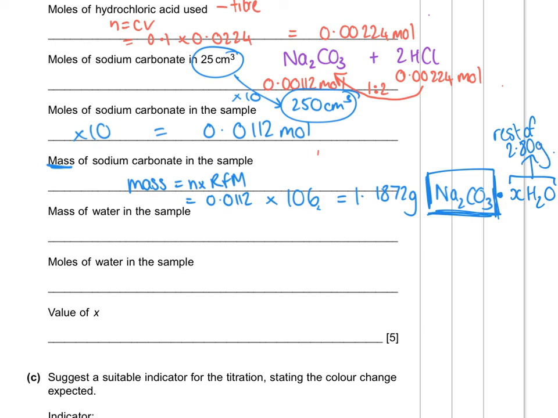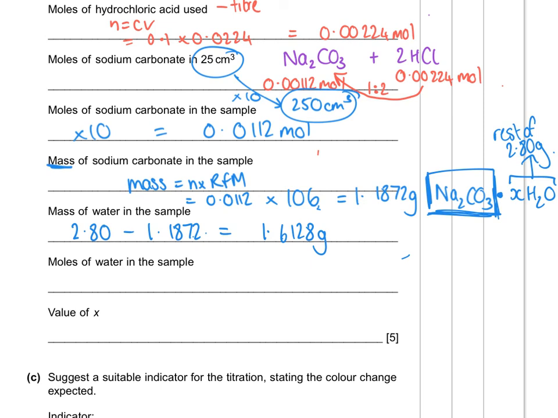So if I want to work out the mass of water, then I just take that away from the original mass. So my original mass is 2.80, 1.1872 of that is my sodium carbonate, which means that 1.6128 grams is water.